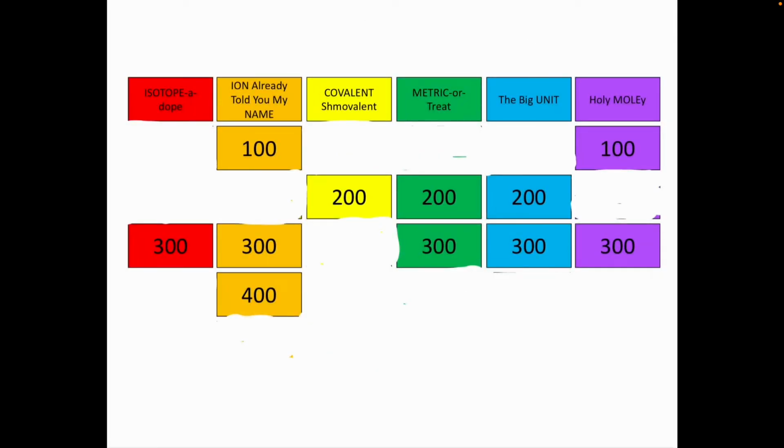All right, let's practice our ionic compound nomenclature again. Let's do ion nomenclature for 300.